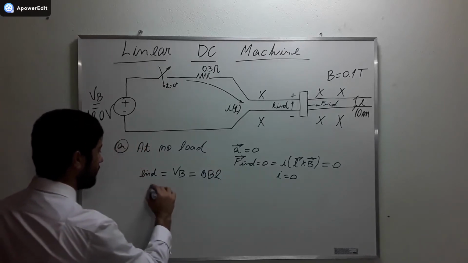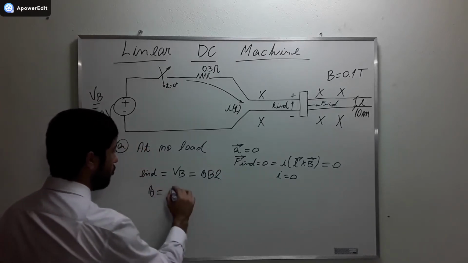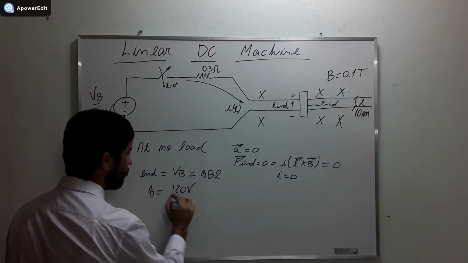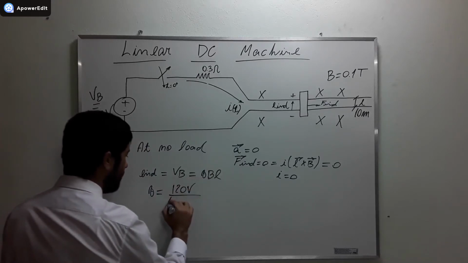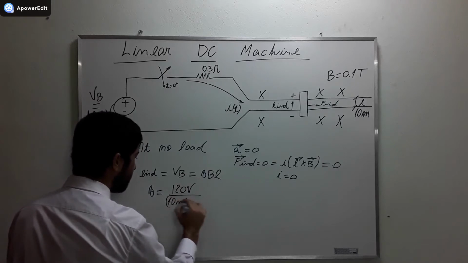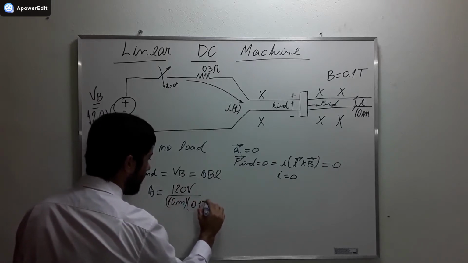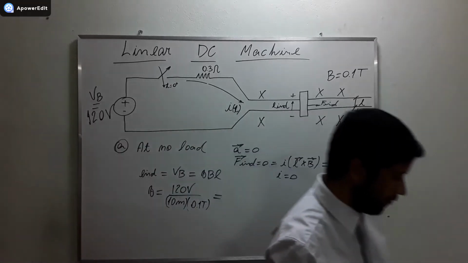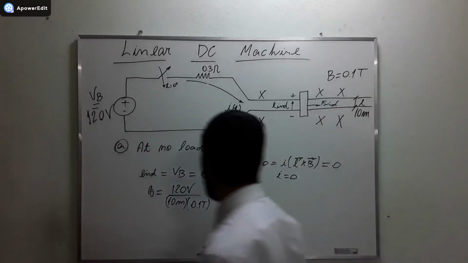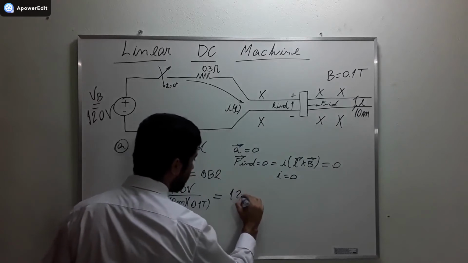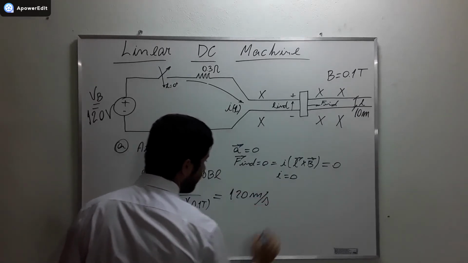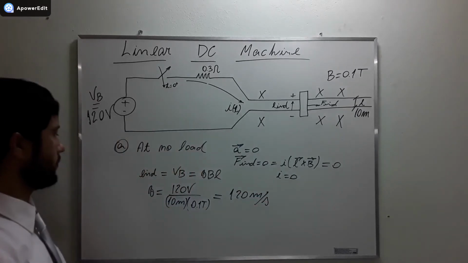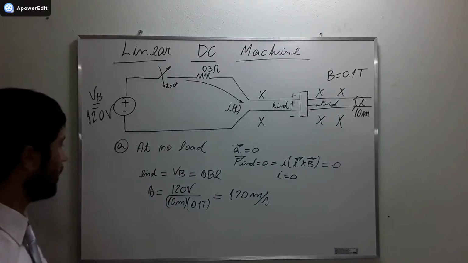And to calculate the velocity, what we need to do is divide the 120 volts by 10 meters and 0.1 Tesla. Okay? And then we find a velocity of 120 meters per second. That's the velocity at no load, at steady state condition.